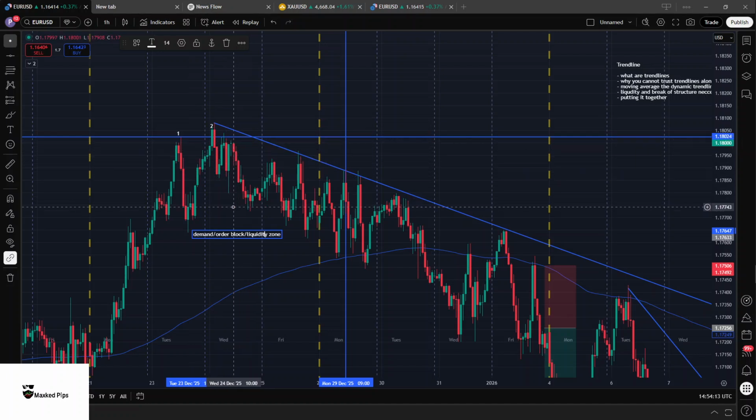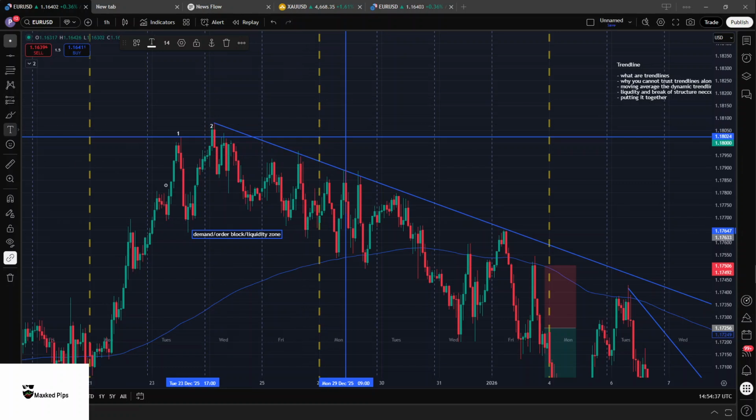For the point of supply, we can see that from this particular zone here, market went down. It didn't completely break this zone. This zone wasn't broken properly, but this zone was broken. So this is our supply zone.